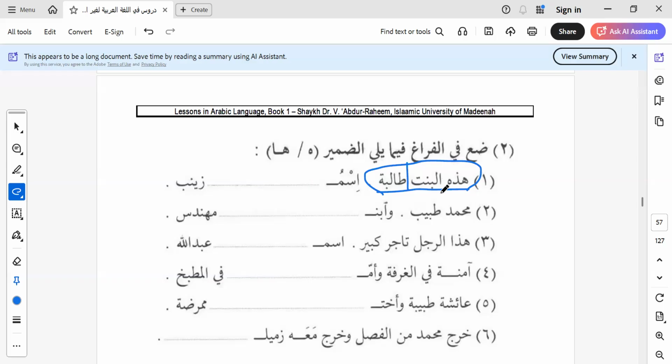But if I want to go a little deeper, it's a little more complex than that. You want to understand what is happening there. So هذه is a mubtada, a ma'rifah. البنت is a ma'rifah. Two ma'rifah are standing together. So هذه, let me go a little bit deeper. هذه would be our mubtada.